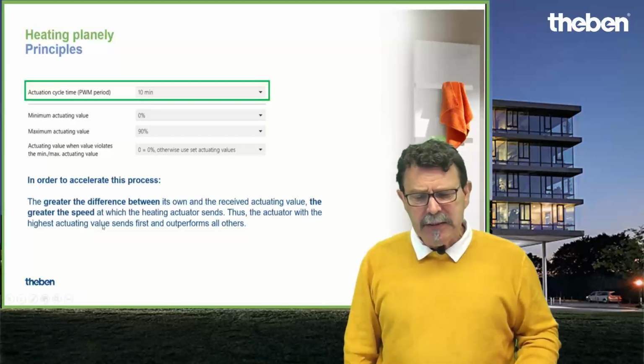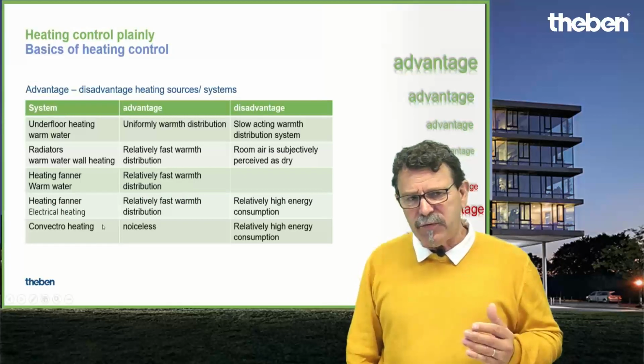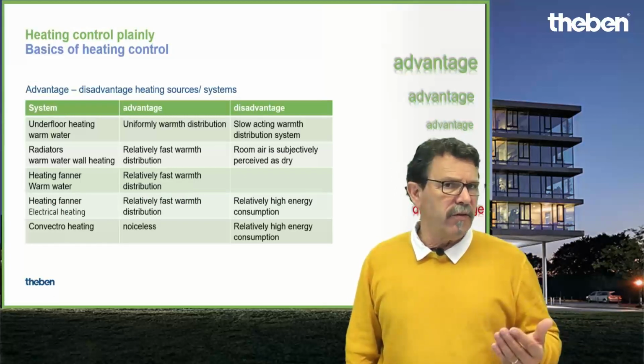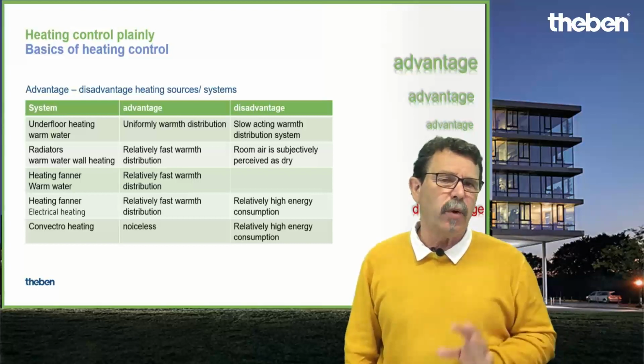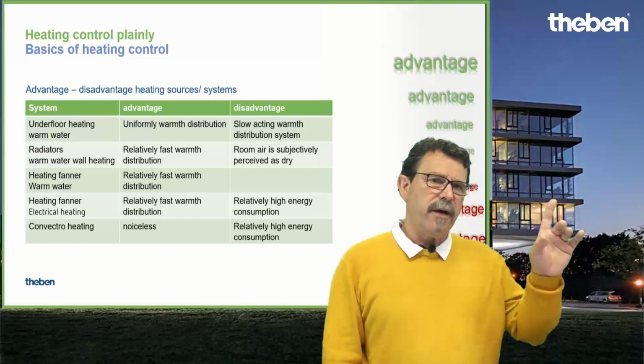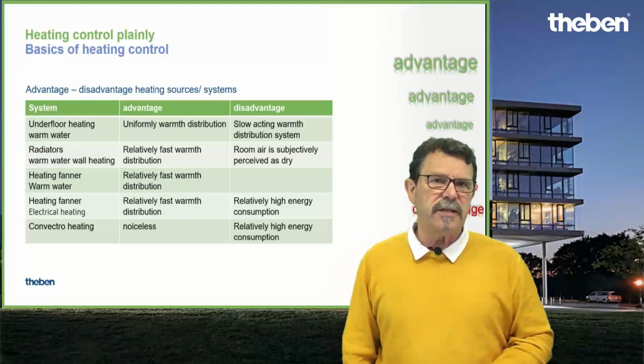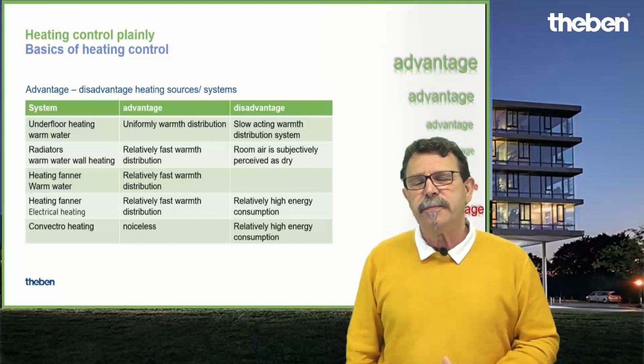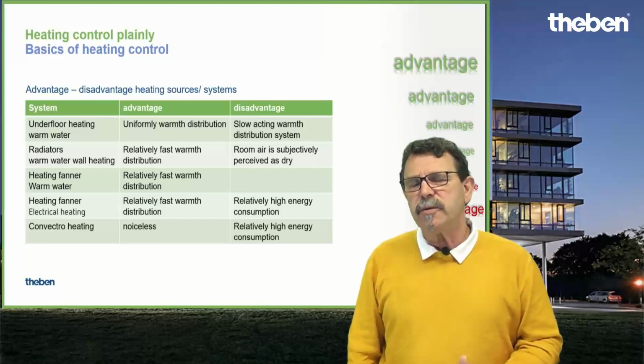The reasonable answer: for radiators, PWM control is best because it's rather fast and adaptive, and so ideal for rooms like conference rooms, office rooms, or your private area in your flat. So for these purposes, PWM control is best.